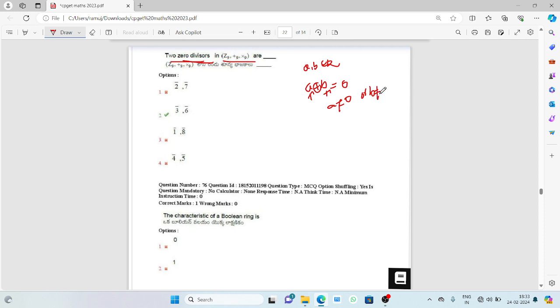Then we can say that these two elements are zero divisors. So similarly, if you take these two elements, it will give you 14.